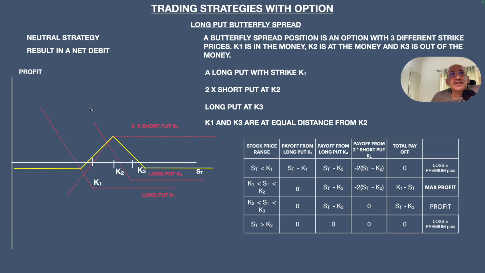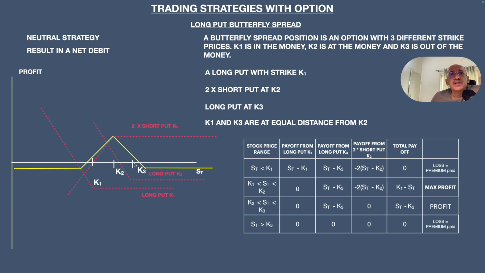As a result, the two short puts will compensate for the profit you earn in the two long puts, and you will get into a loss. What will be the loss? The loss is equal to the premium which you have paid. That is all.